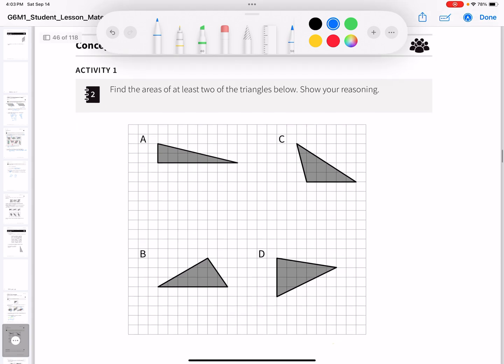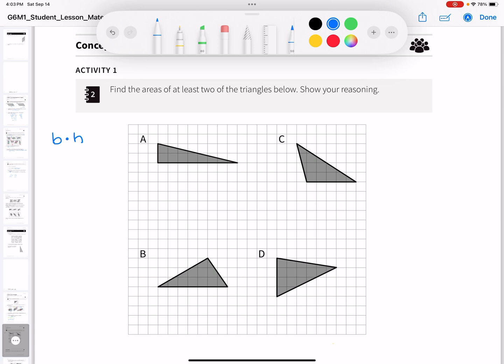So I know that the area of a parallelogram is base times height, okay? However, I don't have a parallelogram here.